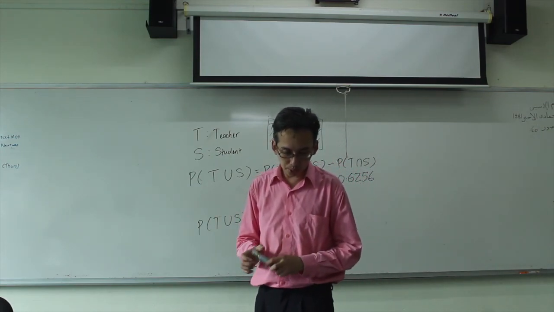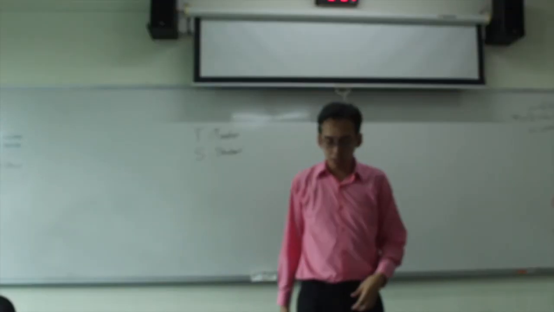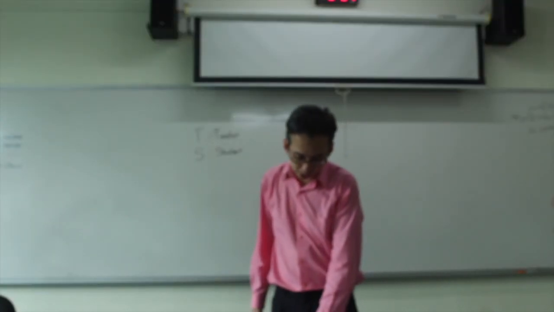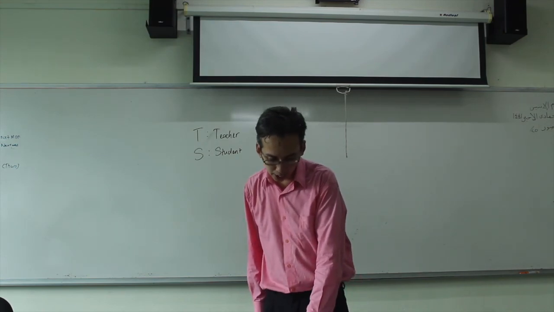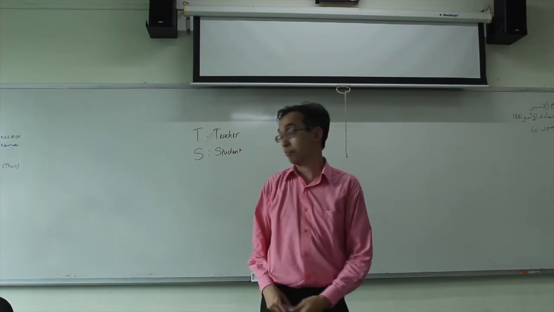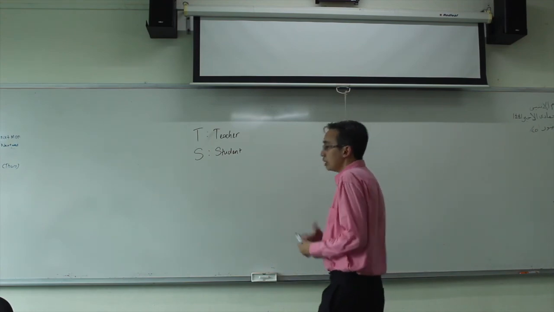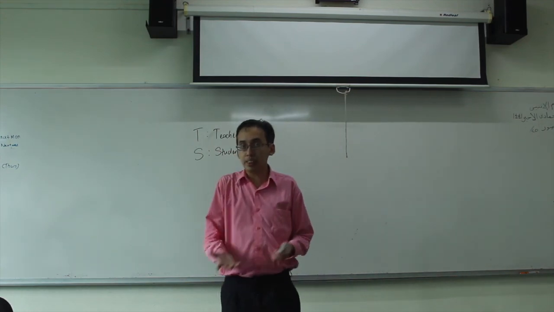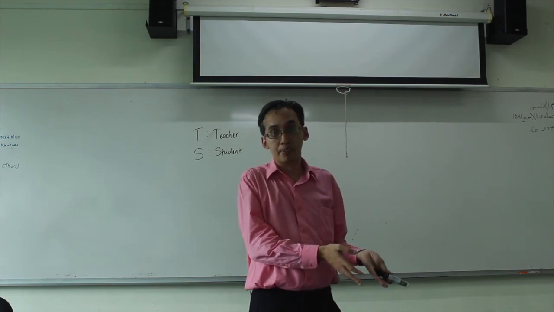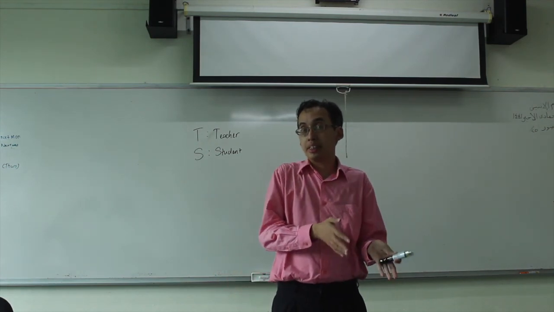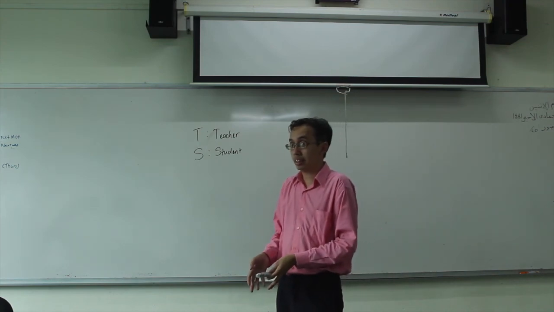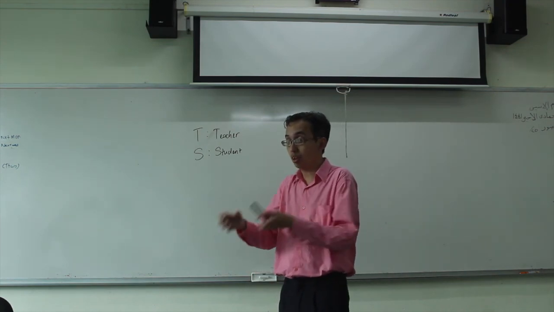Now we'll take a look at part C. They want us to find the probability that at least one photocopier is working. What does that mean? Either the teacher's photocopier is working, the student's photocopier is working, or both are working. Either one, the other, or both.